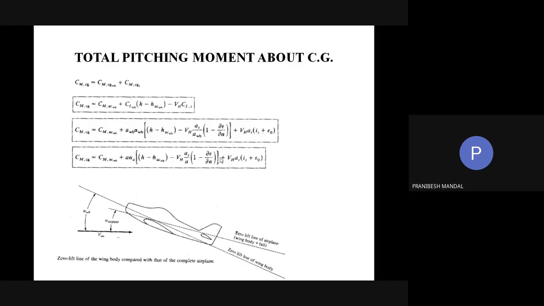We must keep H within that limit. Understood? Yes, sir.